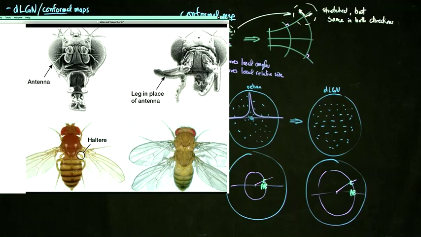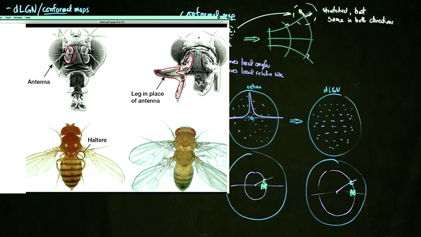If you mutate a fly, there's a mutation called antennapedia, which doesn't sound too good. That's the antenna right there. You're supposed to have an antenna sticking out of your head if you're a fly. Okay, that's all good. And here is a sad fly that has a leg sticking out of where its antenna is.